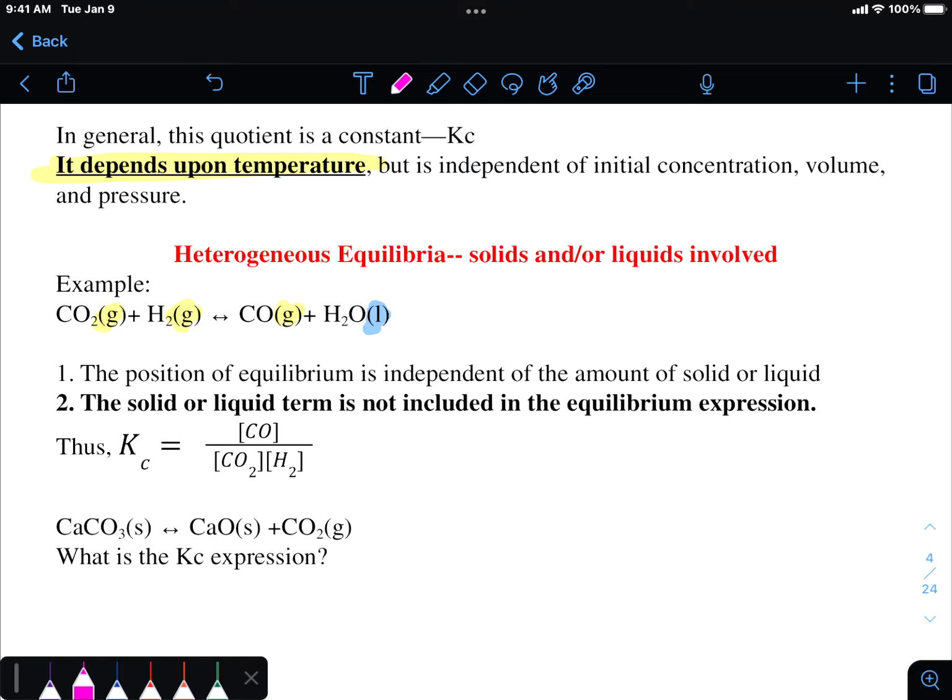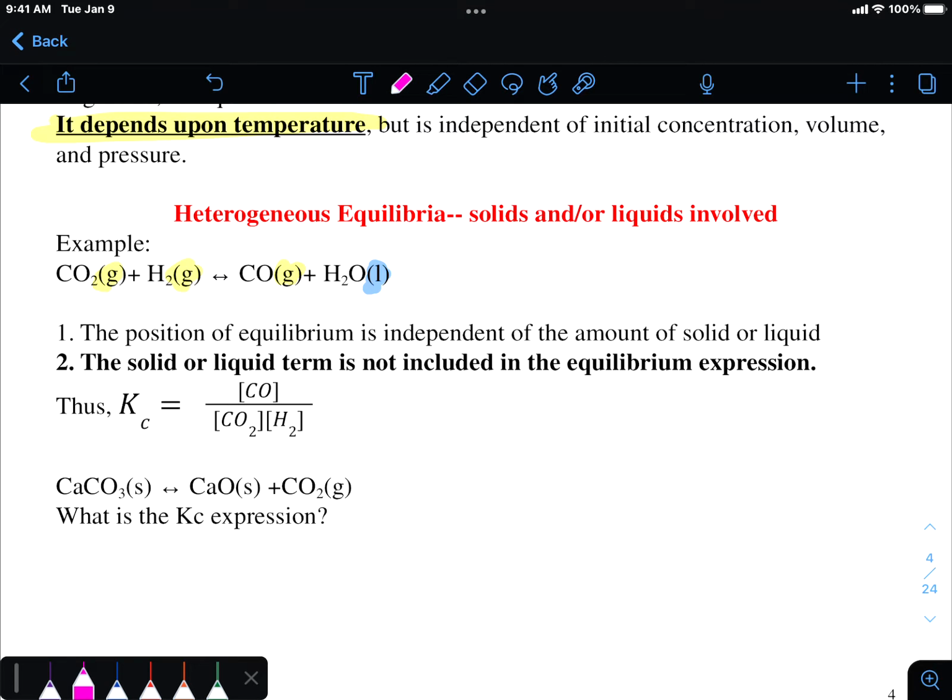So when we write products over reactants, we are ignoring the water term here because it's a condensed state. So it mathematically cannot factor into our calculation. So we ignore it. And so this is how we would carry on calculating the Kc for this reaction. All right? Ignore solids, ignore liquids. You must use gases, you must use aqueous, because those are what we can find concentrations for.